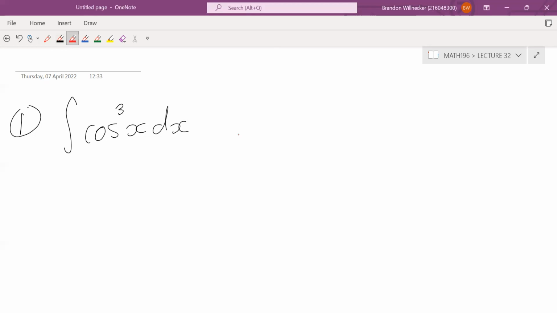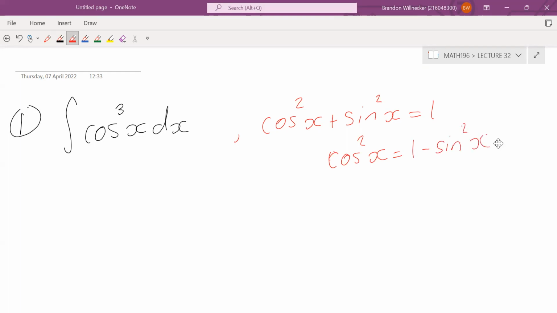So remember that identity cos squared x plus sine squared x is equal to 1. Okay, in other words, we can write cos in terms of sine and we can write sine in terms of cos using this. So what we're going to do is rewrite cos squared as 1 minus sine squared. Okay, that's the idea here.